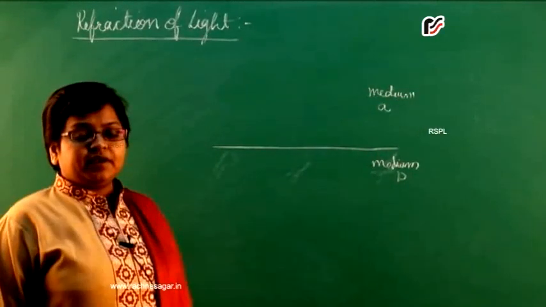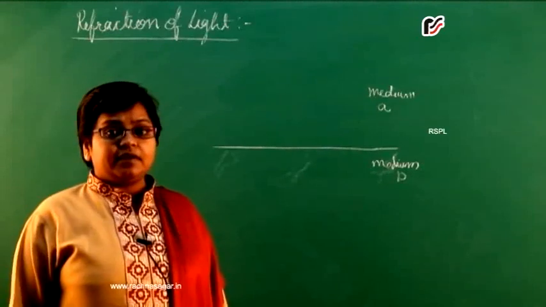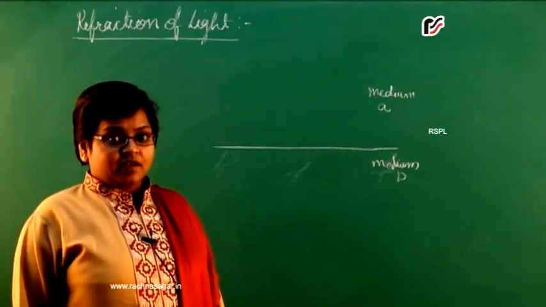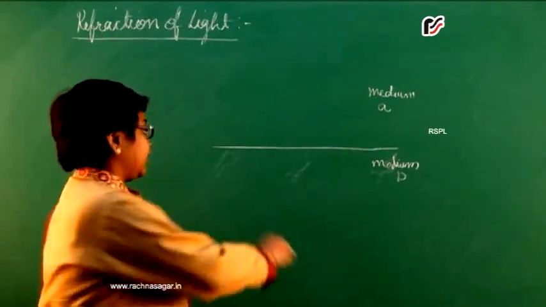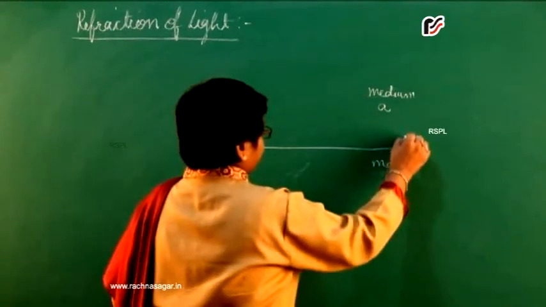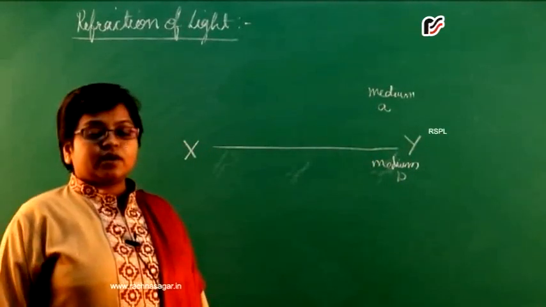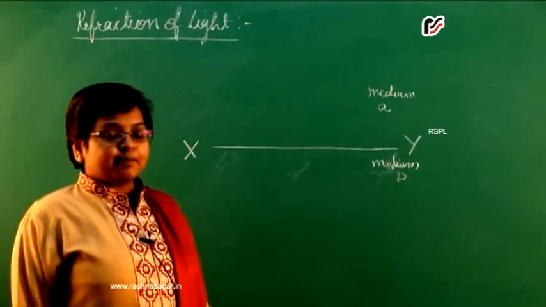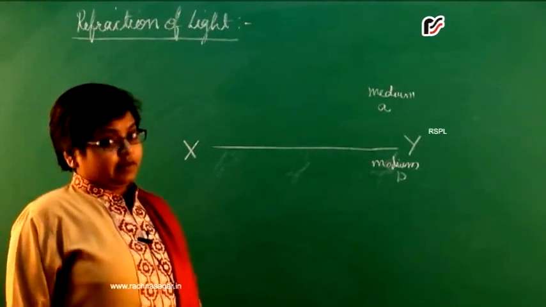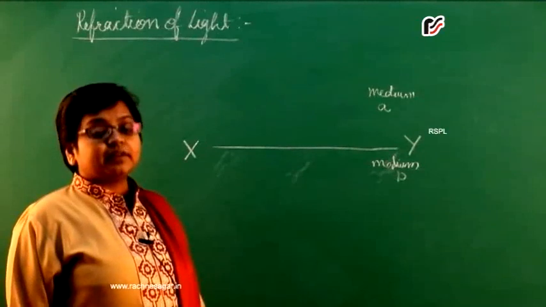There are two different mediums, medium A and medium B, which are separated by an interface XY. These are totally transparent mediums. For example, we can say that medium A is air and medium B is glass.